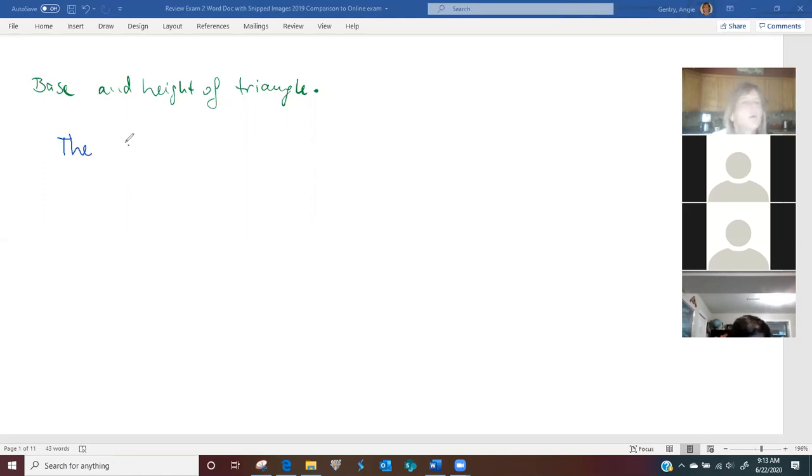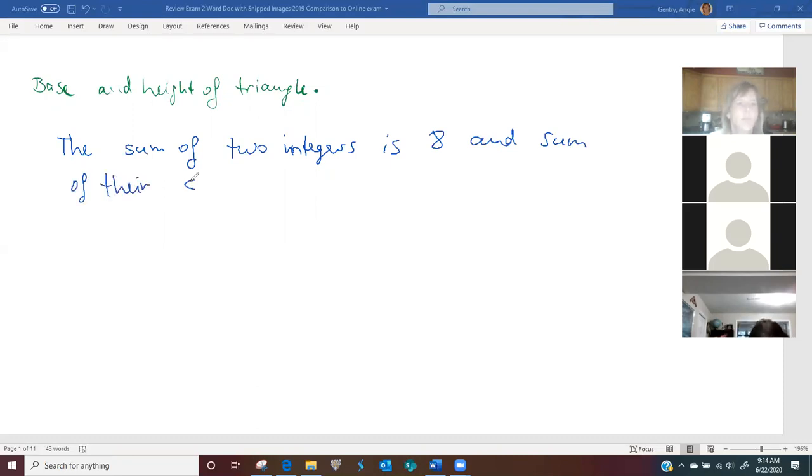Okay, so the sum of 2 integers is 8, and the sum of their squares is 34. Yeah, this is not nice. And if this was a different book, what did you say, 84? No, the sum of the squares. 34? Yes.